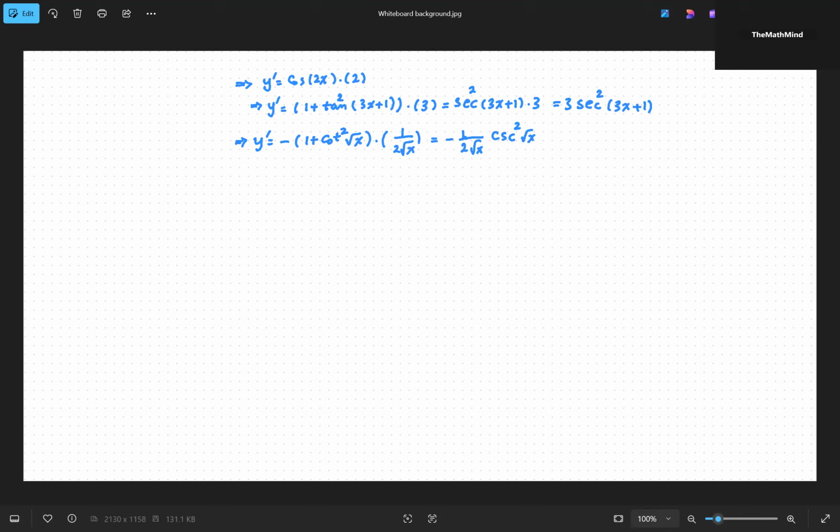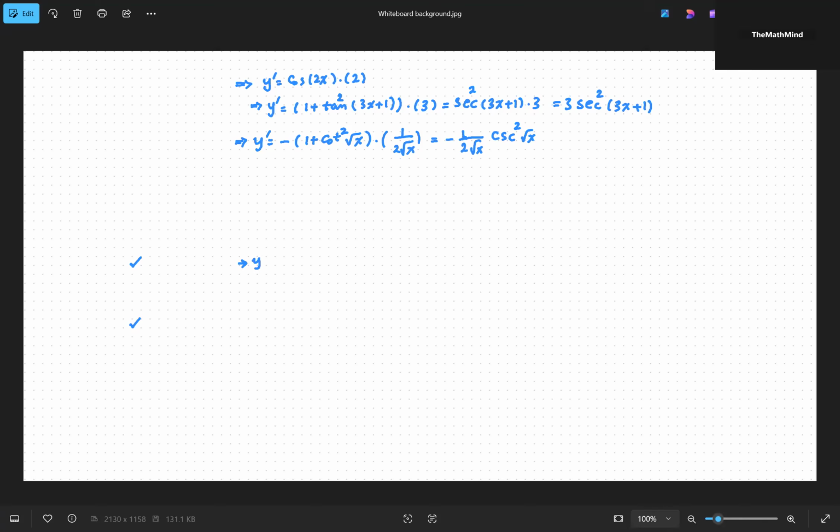Okay, from the second series, I'm trying to solve number 16 and number 19. It's a product rule and a quotient rule.